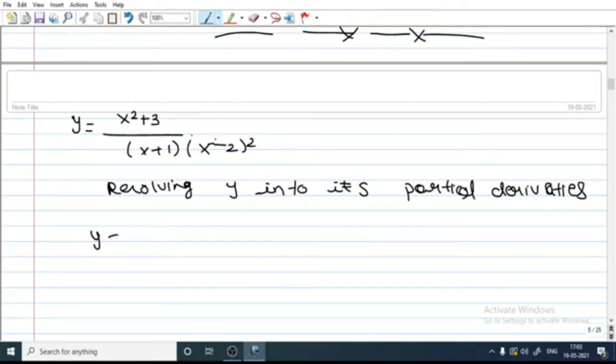After doing this, we can write y as x square plus 3 the whole upon x plus 1 into x minus 2 the whole square.